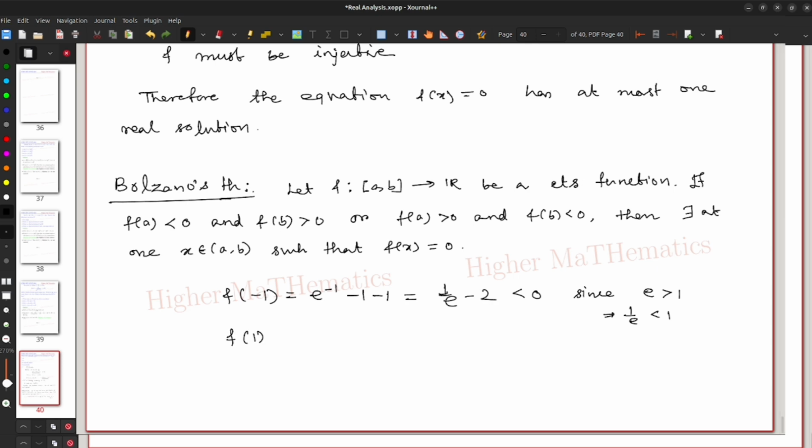And calculate f of 1. f of 1 is e plus 1 minus 1, and this is e which is greater than 0.